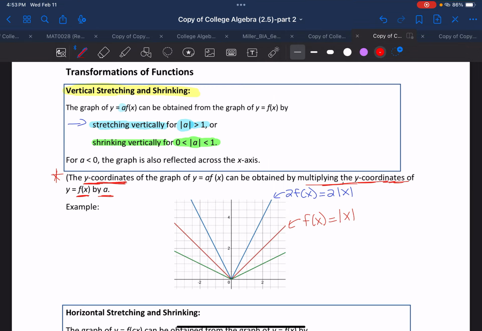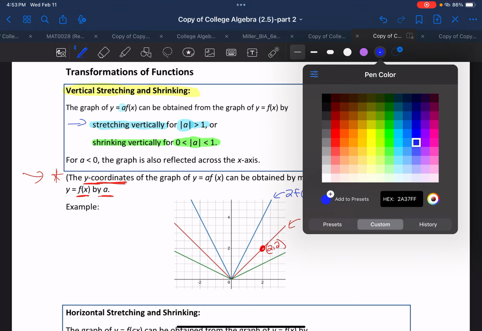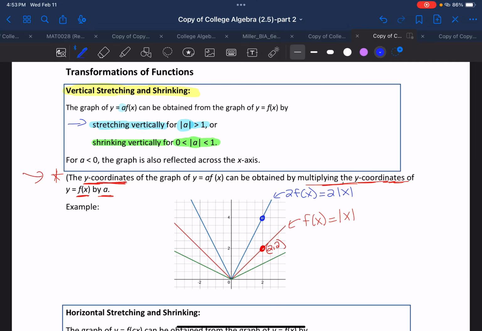And as far as the points go, if you look at a point on the original base graph f of x, this point is (2, 2). Just like following that red rule up here, to find the coordinates of the new one, the x value will stay the same, but I would multiply that y coordinate of 2 by 2, and that would give me (2, 4). So I am multiplying by the factor of this 2 here.